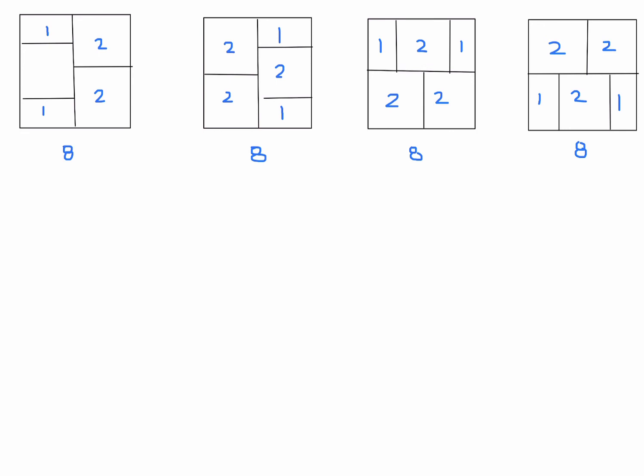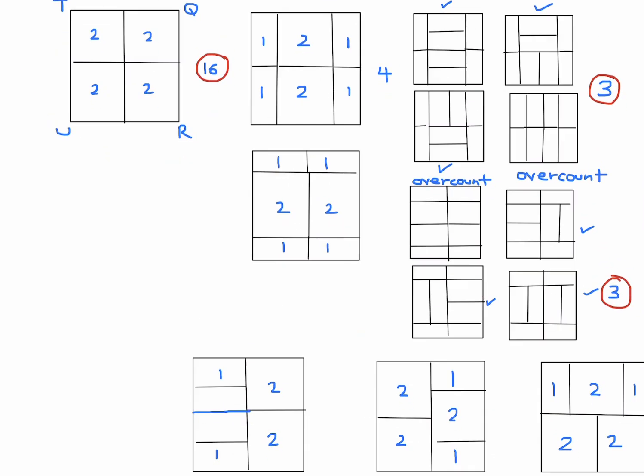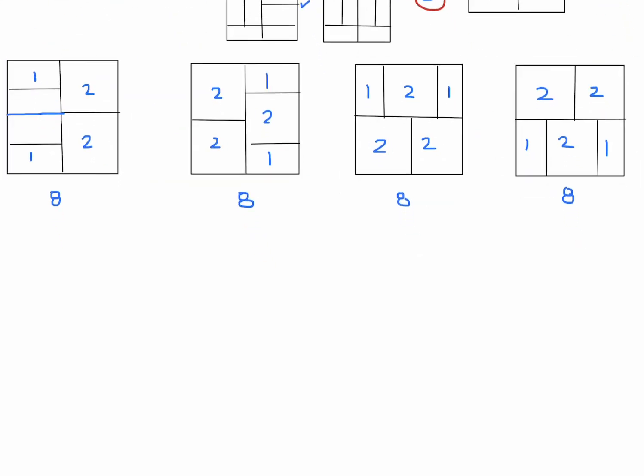if I were to make a line that went across like this. This would be pretty much the same as one of these 16. We can make something that looks exactly like that, exactly like this, if we just did this, right? So this is not unique. So that means for this particular shape, the only way to make it unique is to have a line straight down like that.